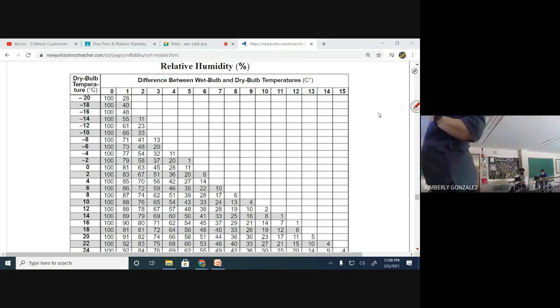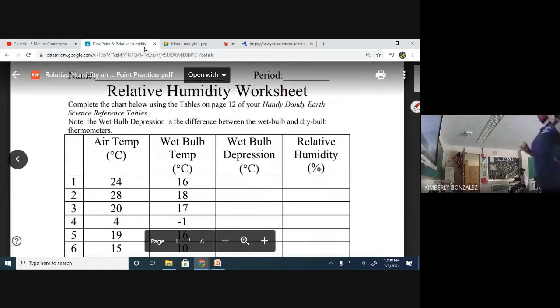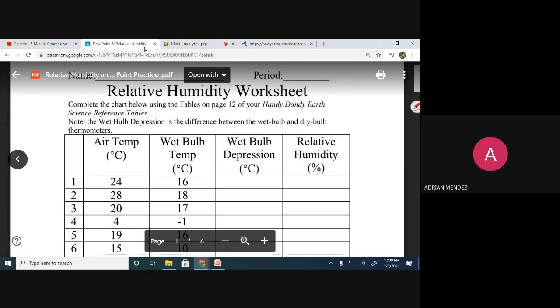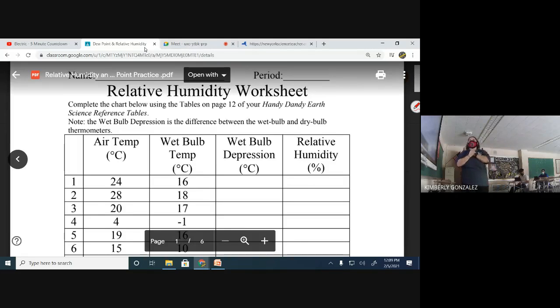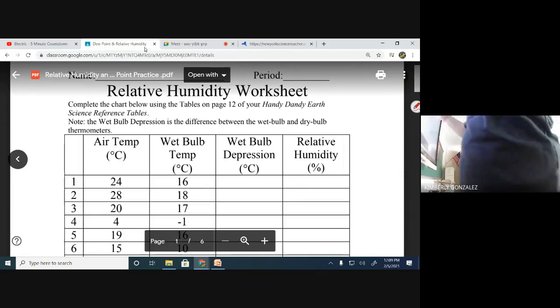So let's look. Here we're given our air temperature. What's another way to say air temperature, guys? Dry bulb temperature? Absolutely. It's the dry bulb temperature. I don't know if this is going to let me write on it, but we'll try.